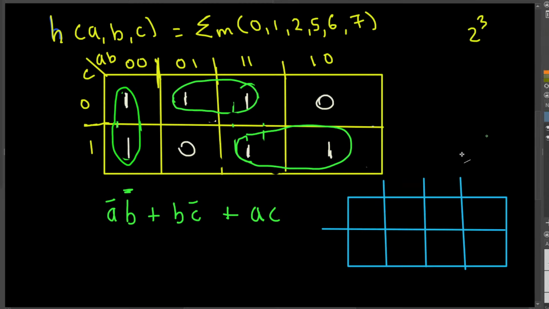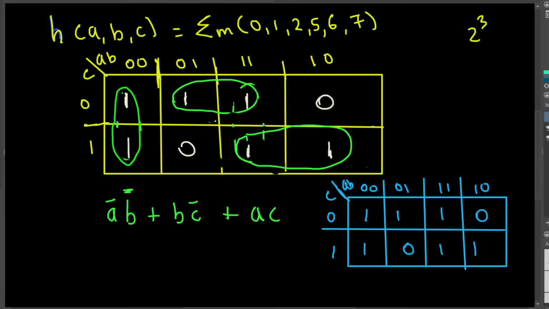Okay, so let's put this one as AB, and this one is C, and this one is 0 0 0 1 1 1 1 0, and 0 1. I'm going to copy the values, right? This is 1 1 1 0 1 0 1 1.